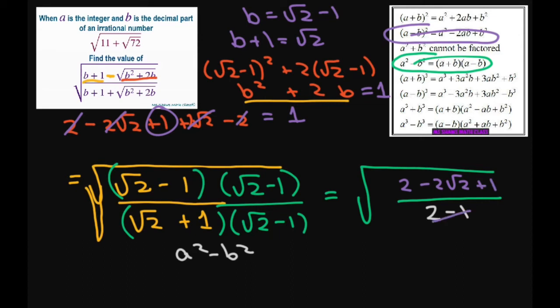So now we have the square root of 3 minus 2 square root of 2. And again, this is just going to equal square root of 2 minus 1.